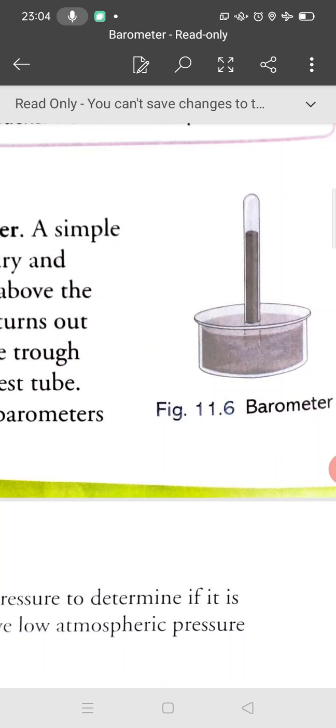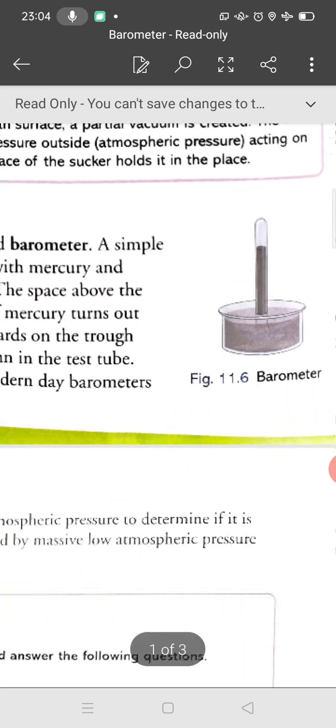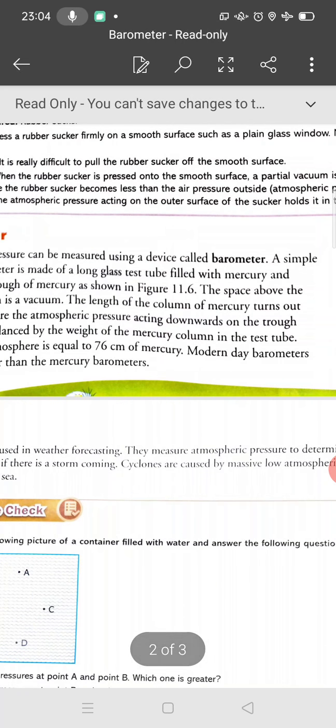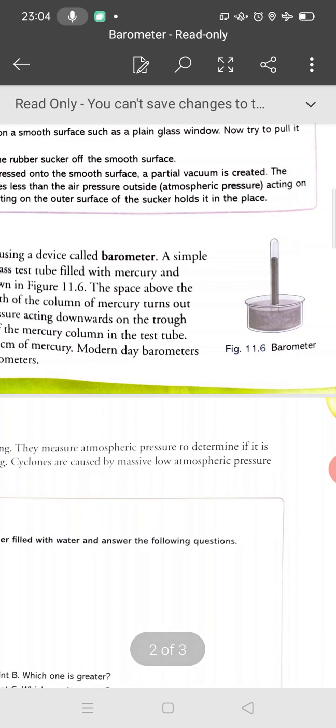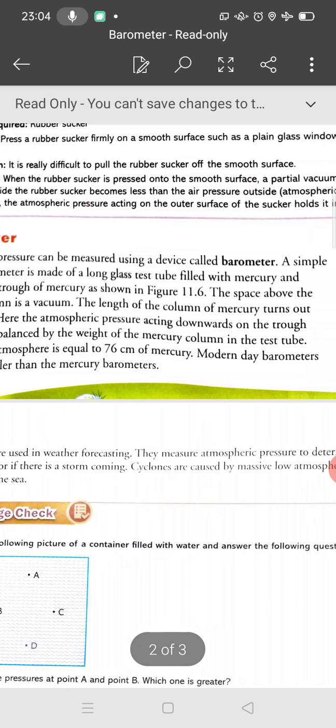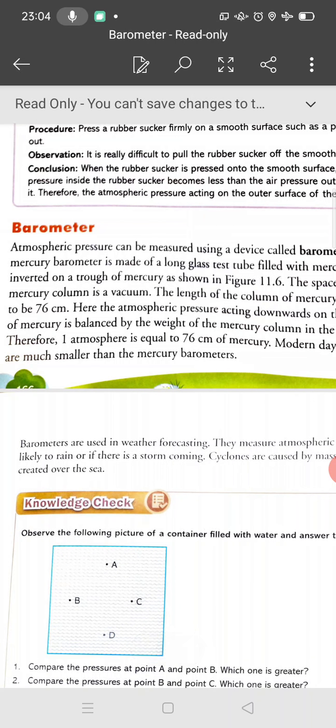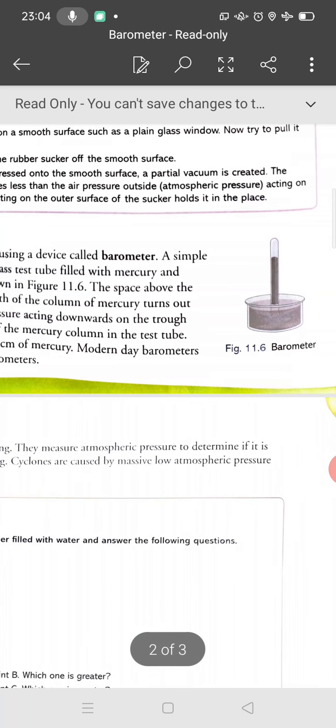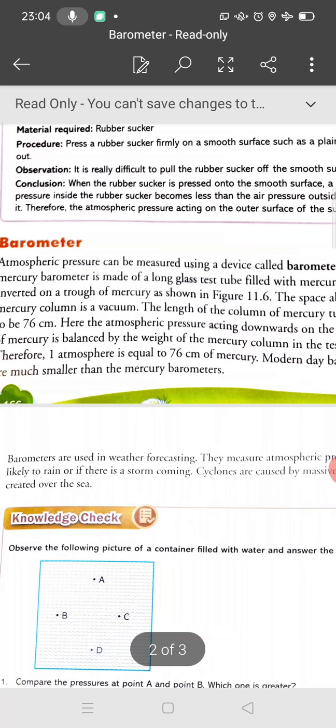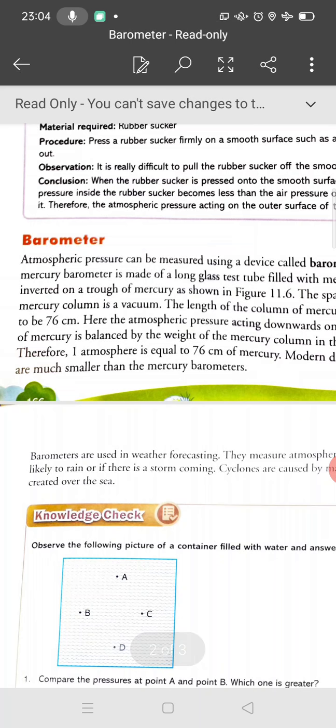And you can see the barometer is inverted on a trough of mercury. You can see there is another container, and the tube is inverted on a container of mercury.